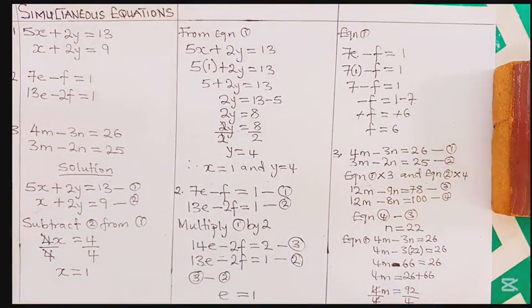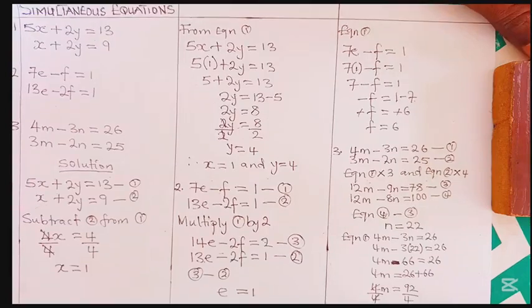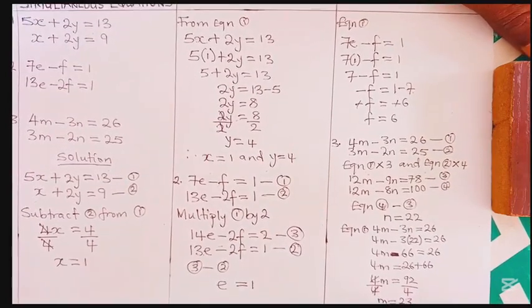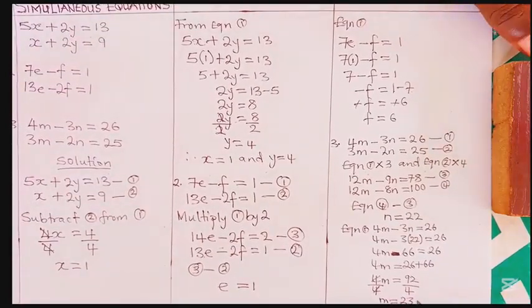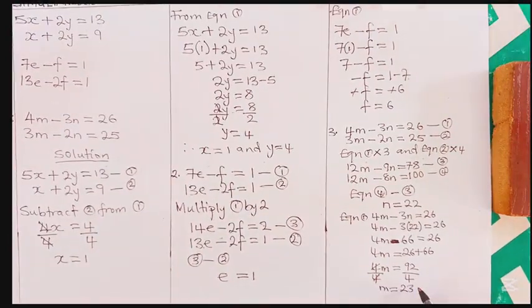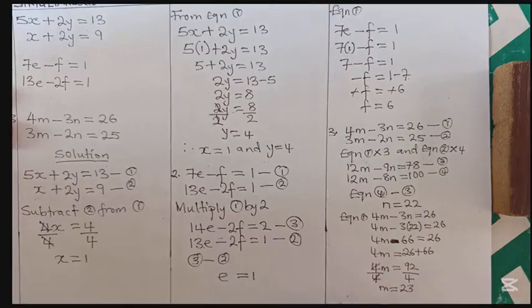So our m is equal to 23. Now, therefore, our n is equal to 22 and m is equal to 23.